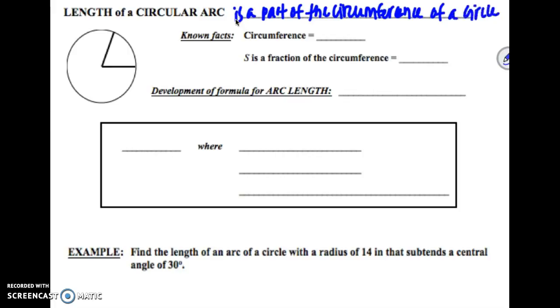Something we already know about a circle is the circumference formula: circumference is equal to 2 pi r, and s is a fraction of the circumference, where s is equal to theta over 2 pi times the circumference.